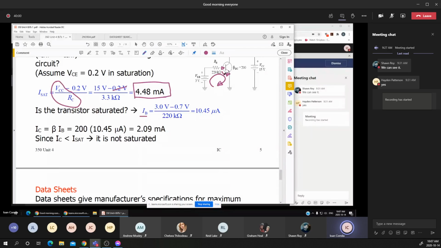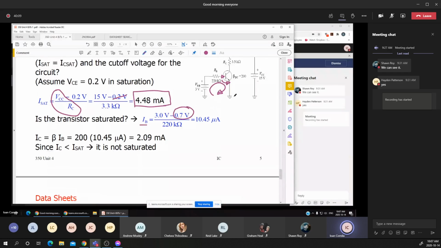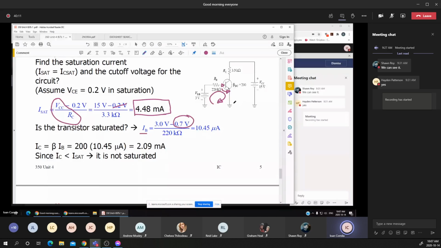Again, why do I have to take that 0.7 volts, and where is it coming from? Remember the two conditions that I have to meet to place the transistor in the active or linear region. The base-emitter must be in forward bias, meaning that the voltage between the base and the emitter for a transistor like that is 0.7 because it's in forward bias.